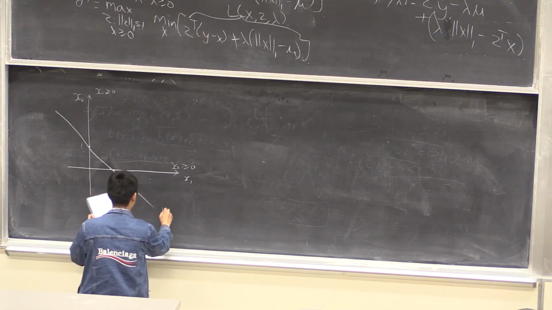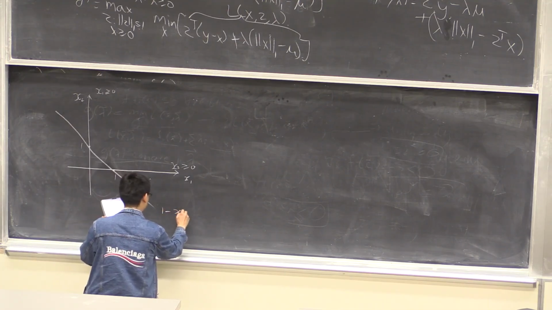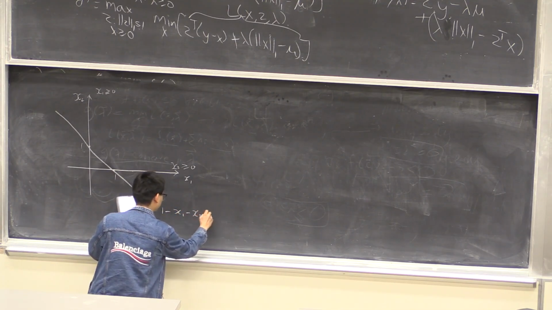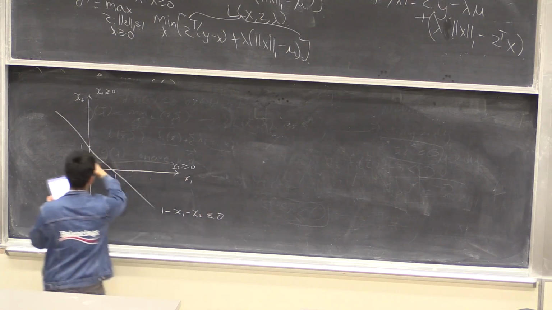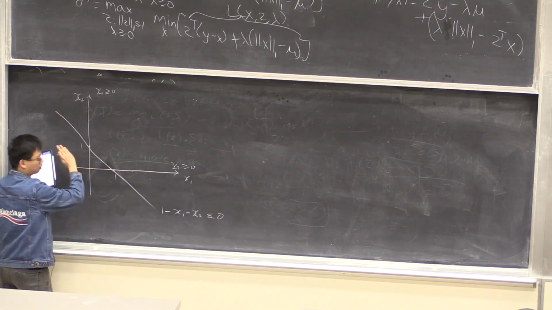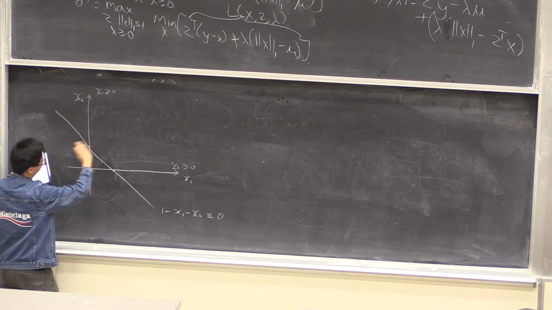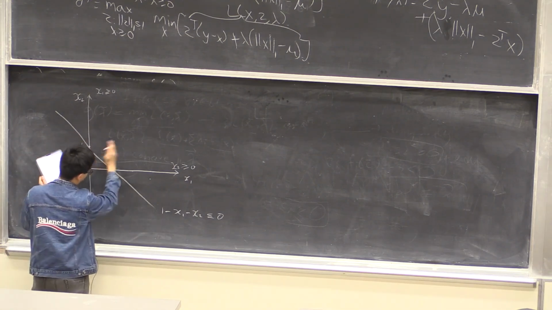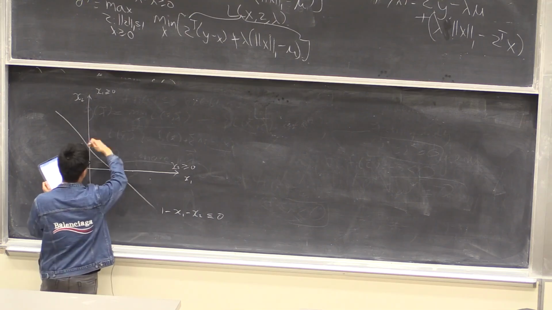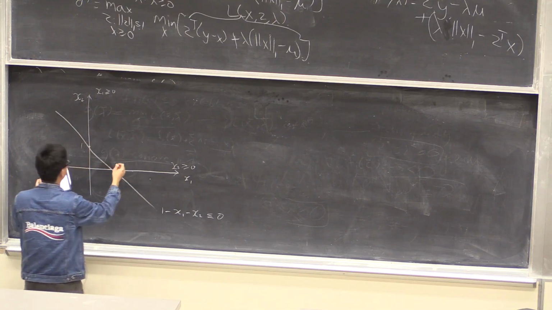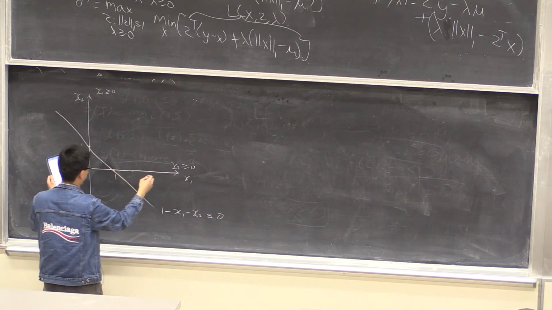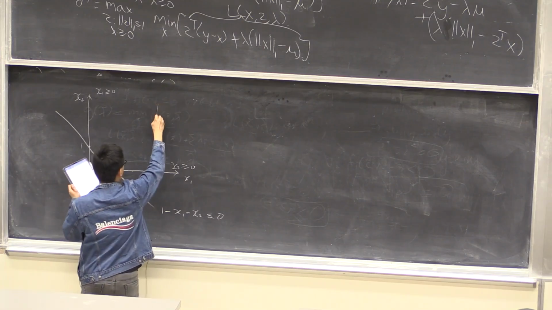So 1 minus x1 minus x2 smaller than 0 means everything in the top right of this constraint, this region. And the next one is x1 smaller than 3, so again something like this.